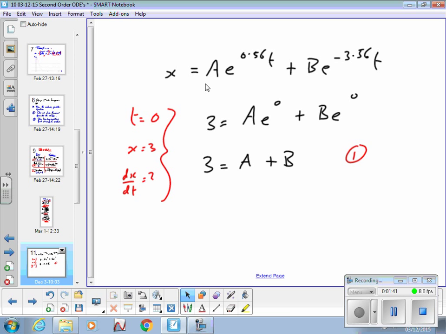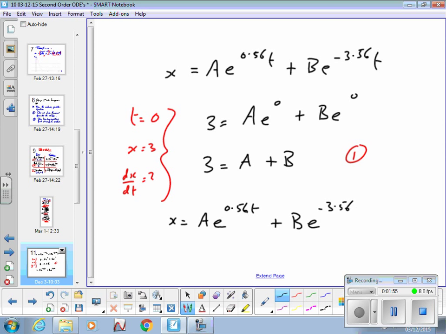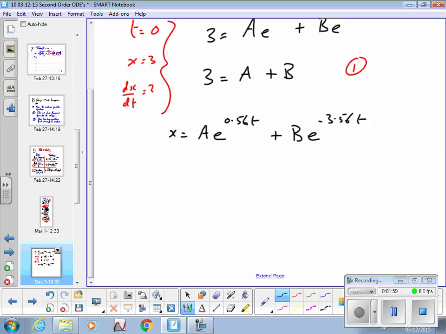Two unknowns, one equation. So that's our first equation out of our simultaneous equations. Now we have to differentiate this function. So x equals a e to the 0.56t plus b e to the minus 3.56t. I need to differentiate it. dx by dt equals, well, if you remember back to your exponential functions, the power comes down and multiplies by the number in front, and the rest stays the same.